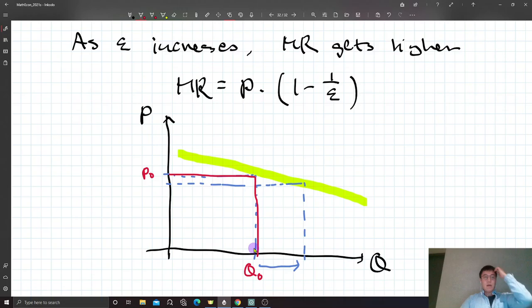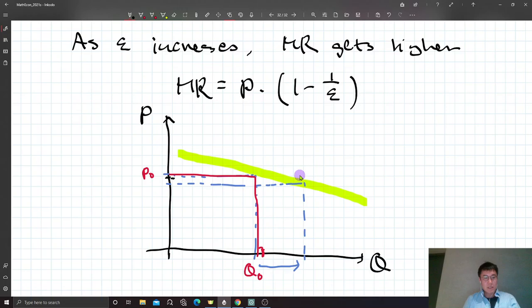In order to sell this additional unit, the monopolist has to decrease the price. Otherwise, this additional unit will not be sold. But in the case of this kind of demand function, when price elasticity is really high, the monopolist just decreases the price a little bit, because people are quite sensitive to change in price.